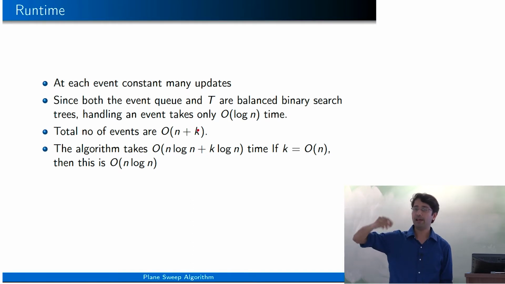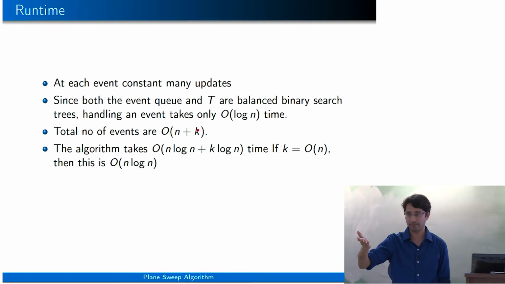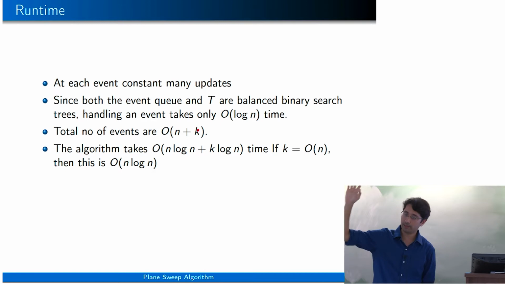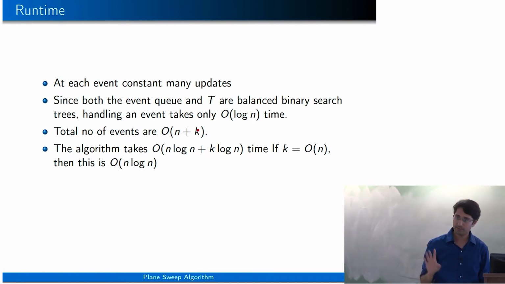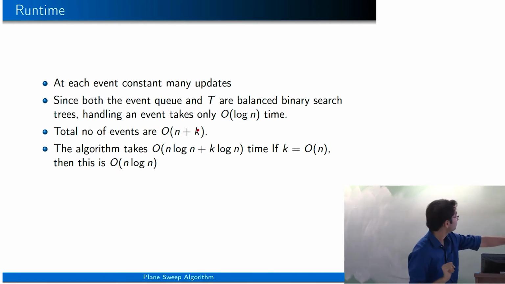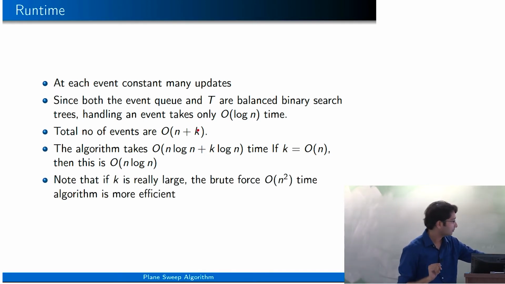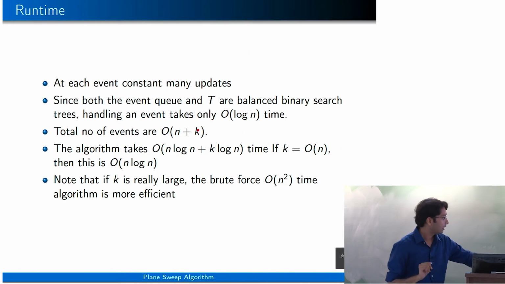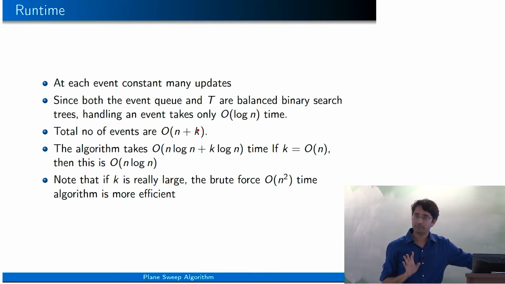Also, with a balanced binary search tree, at an intersection point I have to switch the ordering of two line segments, which takes log n time, plus constant. Constant in computer science comes free, we do not even care. So overall, n log n plus k time. Clear?